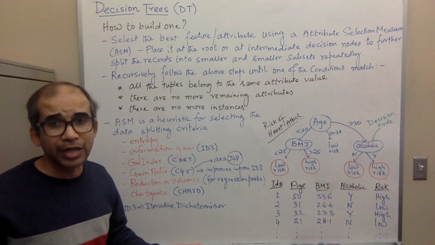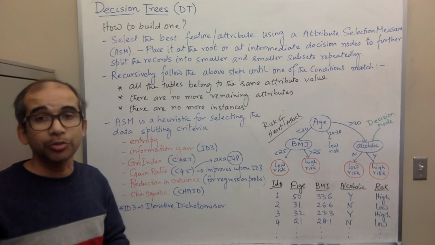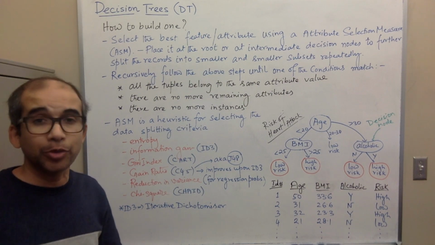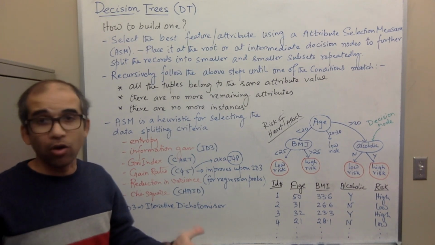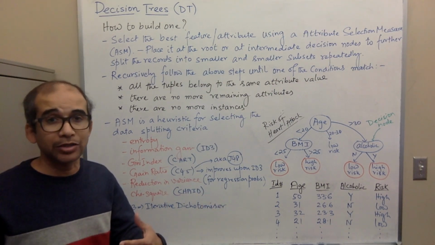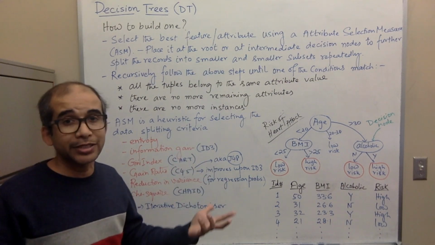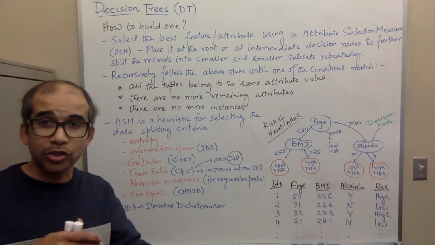There are many different types of ASM. Based on the attribute selection measure, whichever attribute has the highest value, or lowest value if we want to minimize, we choose it and place it at the root or any other intermediate decision level.